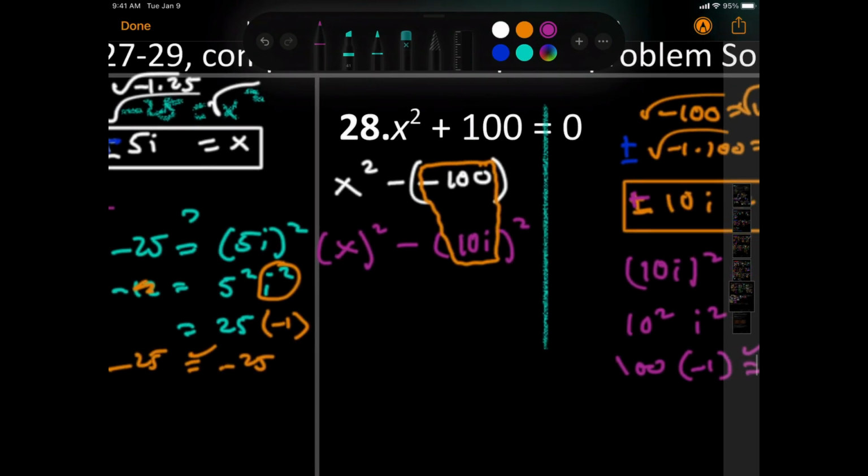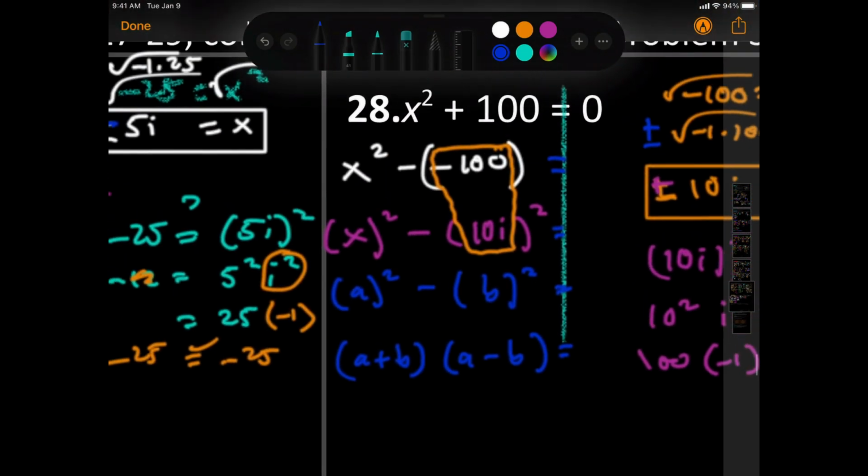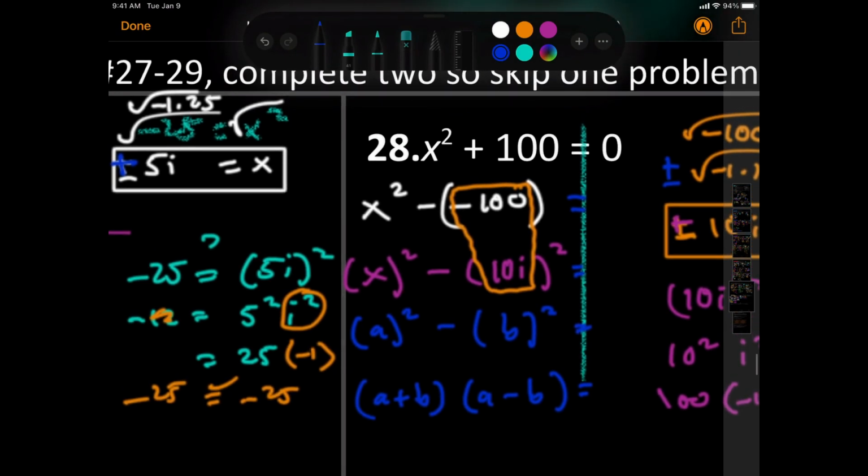And then this is your x. Then your formula, you have a squared minus something squared. And the formula is a plus b, a minus b. And if you actually multiply a plus b times a minus b using foil or the box, you will get the expression above in dark blue.